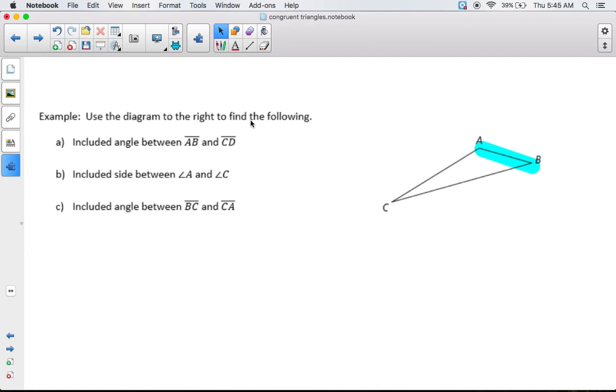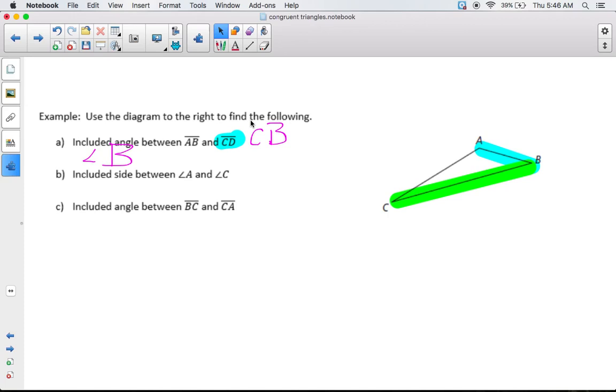I'm sorry, that should not be CD. Let's change that. This should be CB. And then CB is right here. So what angle is in between both of those sides? If you notice, they come together at angle B.